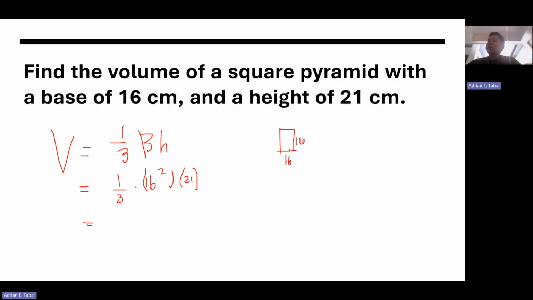I'm going to need my calculator. That's one third times 16 squared times 21, divided by 3. That's 1,792 centimeters cubed. And that is how you find the volume of a square pyramid with a base of 16 cm and a height of 21 cm.